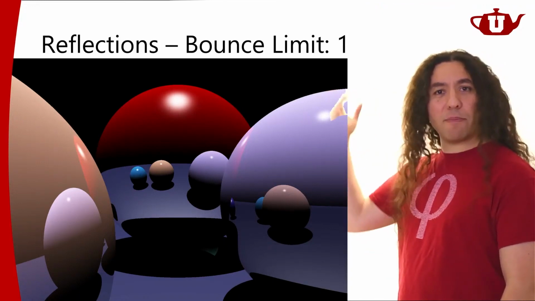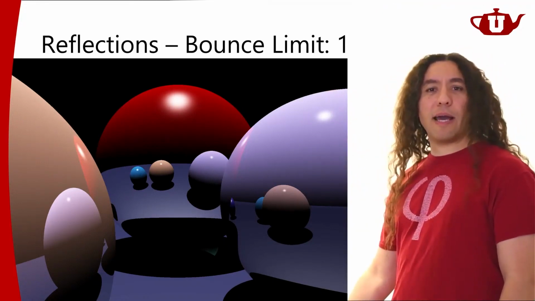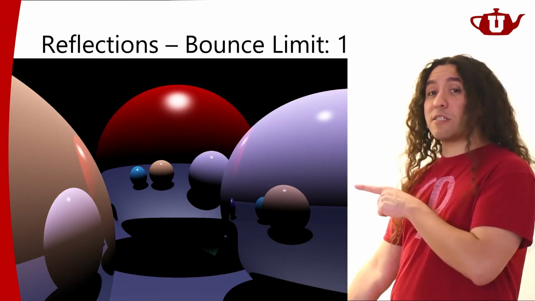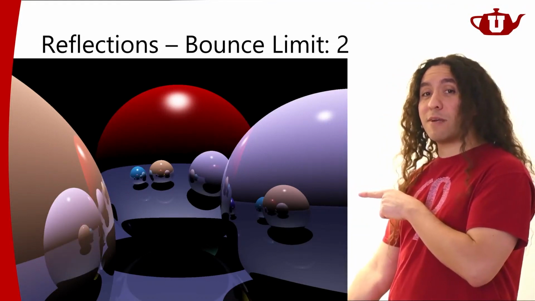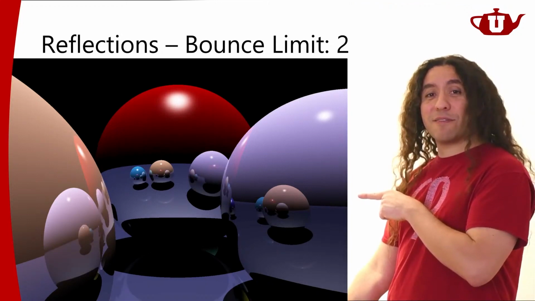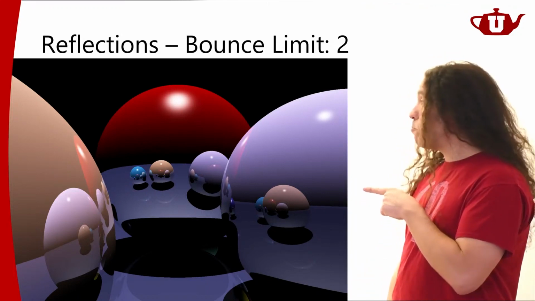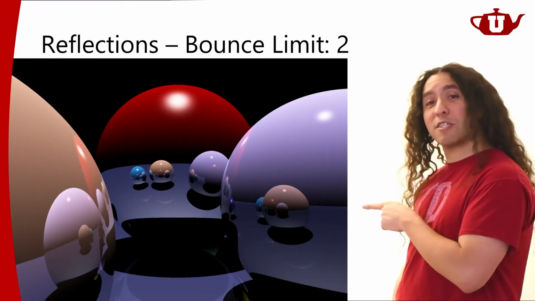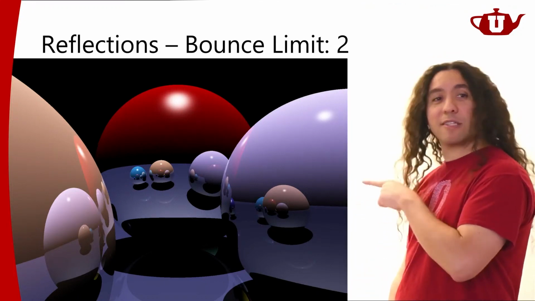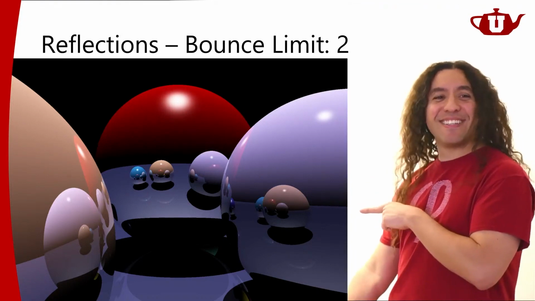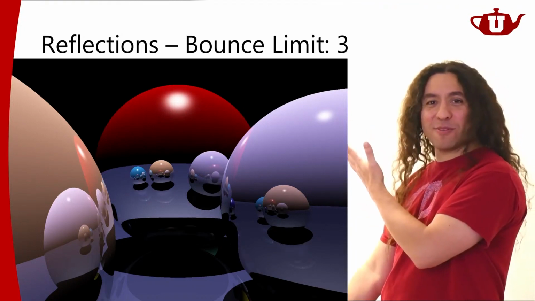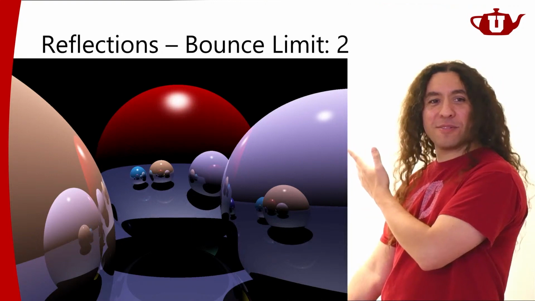So if I increase my bounce limit to 2, I am going to start seeing reflections on these reflected spheres, right? But I don't see reflections on the reflections of the reflected spheres. So if I add another bounce, I'm going to start seeing those, right?